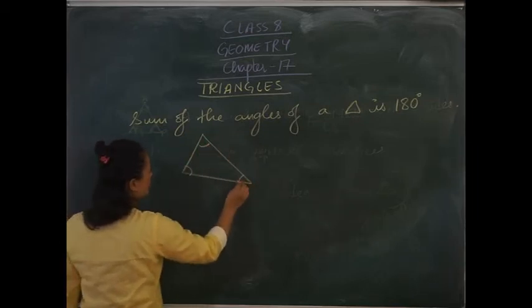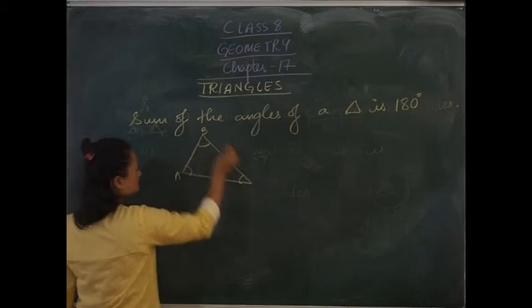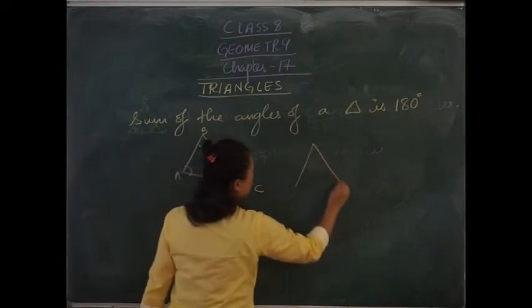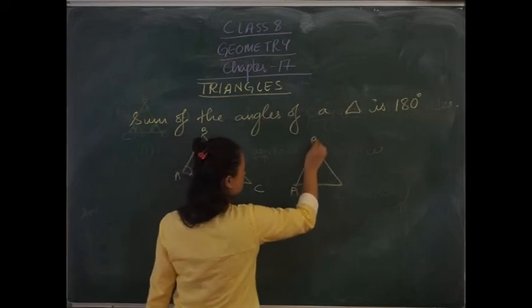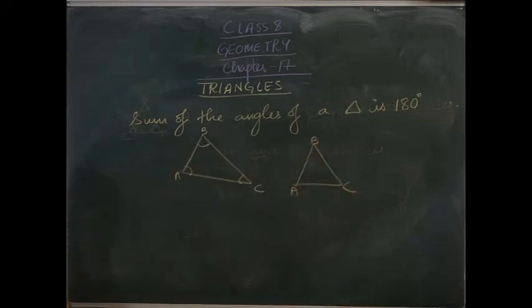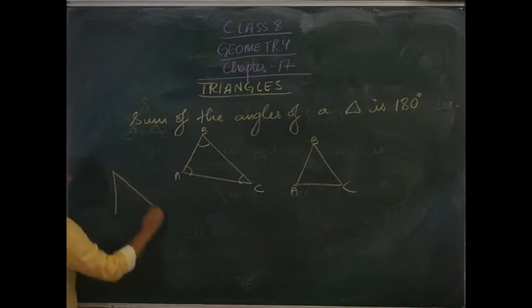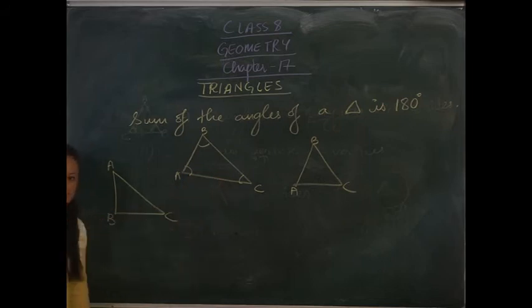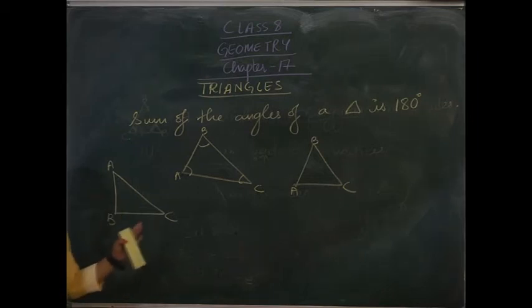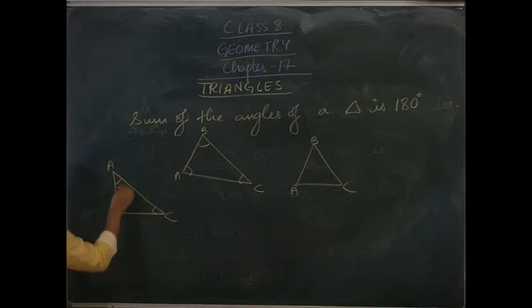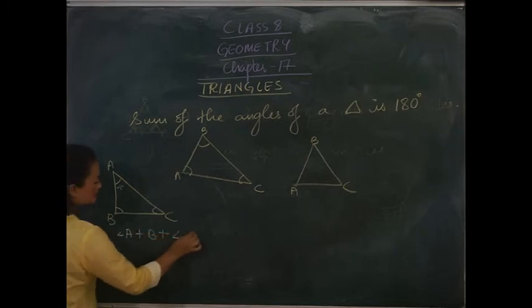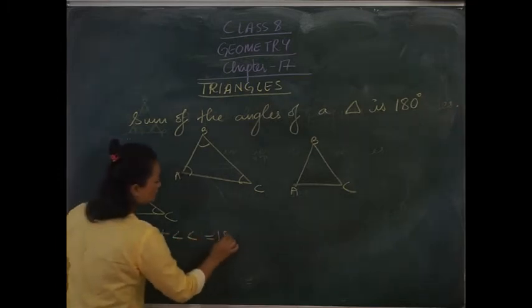Whatever kind of triangle it is, whatever the different kinds of triangles that you see, depending upon the size or angles, remember, when you add the 3 angles, that is angle A plus angle B plus angle C, it should always be equal to 180 degrees.